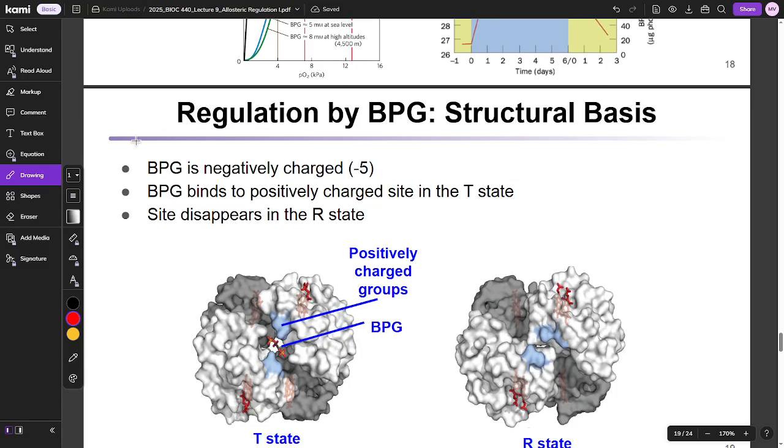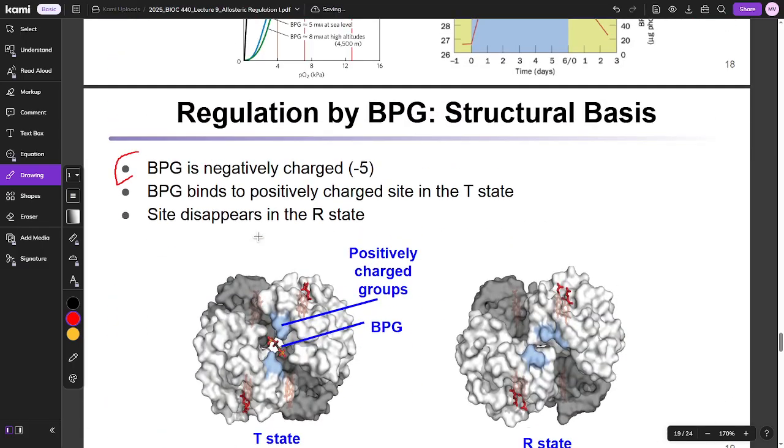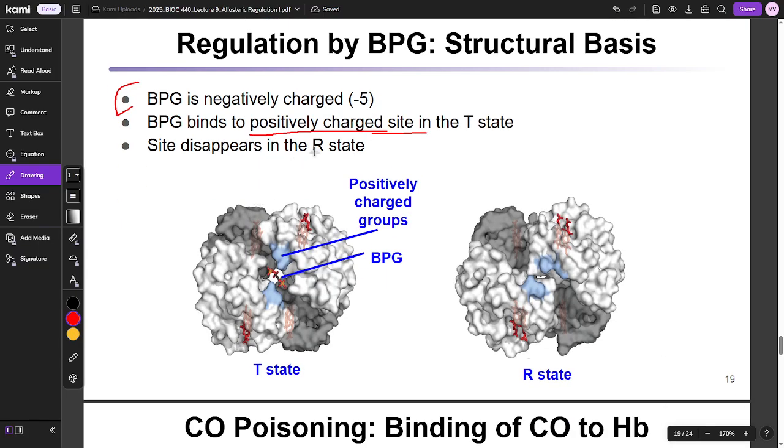So BPG is negatively charged, as shown in the structure, very negatively charged. And it binds to the positively charged site in the T state. This site is not there in the R state, so it cannot bind in the R state. But the BPG binds to this site in the T state and keeps it stuck in that T state.